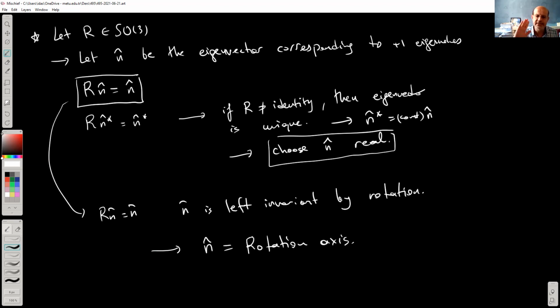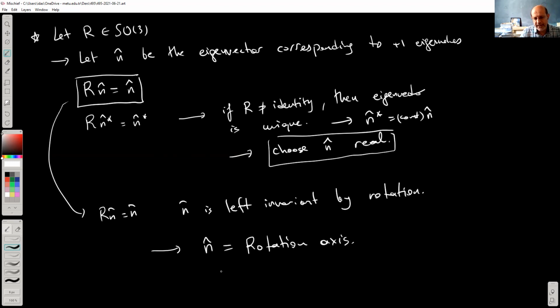For odd dimensions, there should always be an axis which is left invariant, and this is what we see in SO3. Thank you. Okay, so that's the rotation axis.